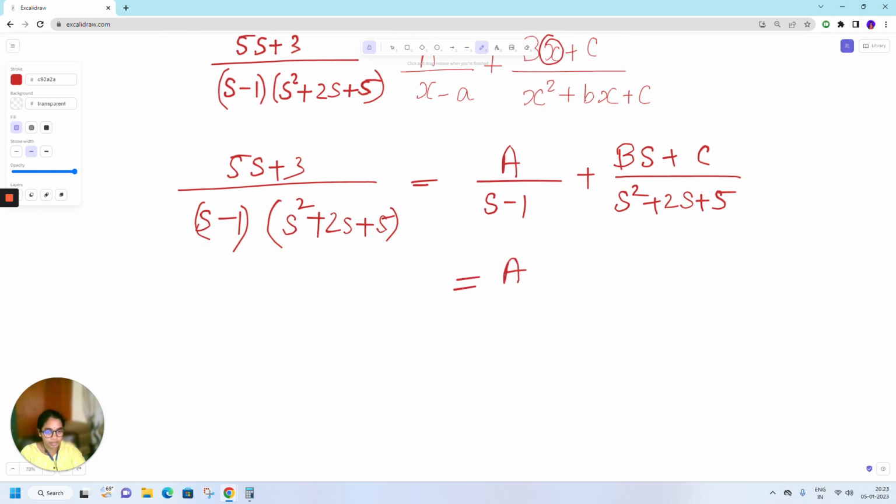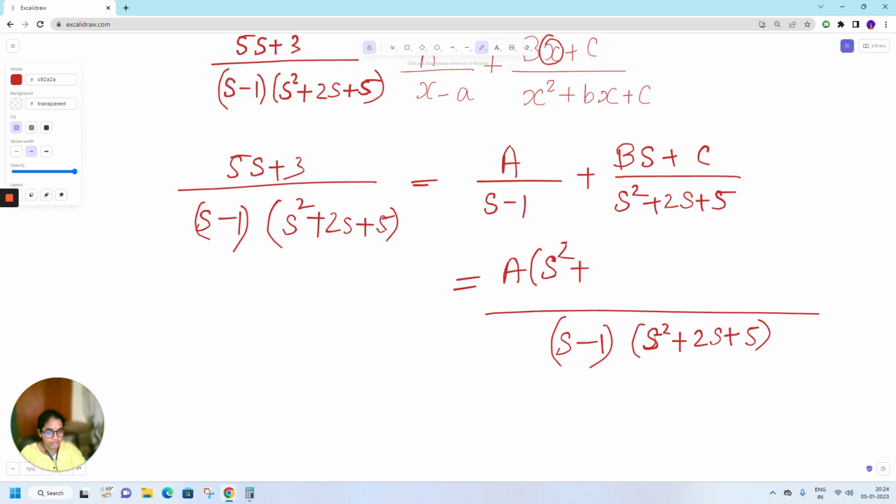Okay, after writing it in this form, what is the next step in all the problems? Take LCM. Okay, LCM would be what? S minus 1 into (s square plus 2s plus 5). So here I already have s minus 1.